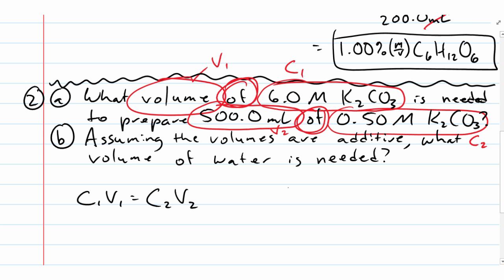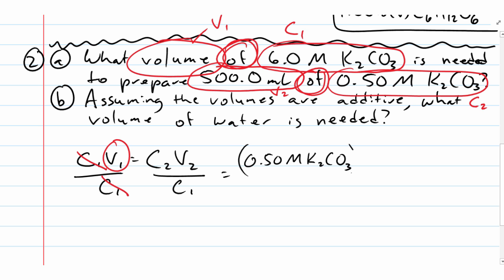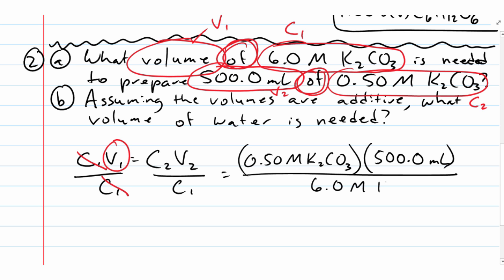If we're solving for V1, that means we're going to divide each side by C1. Then we can substitute in our values. C2 is 0.50 molar potassium carbonate, V2 is 500.0 milliliters, and we divide this by C1, which we said was 6.0 molar potassium carbonate.